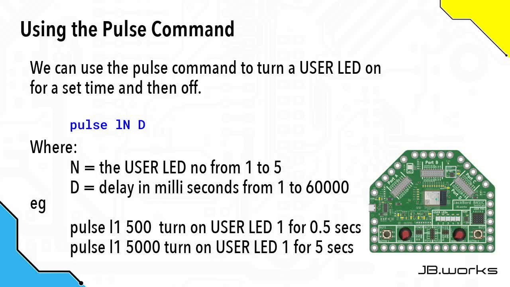So for example, pulse space L1 space 500 will turn user LED number 1 on for half a second. Pulse L1 space 5000 will turn on user LED number 1 for 5 seconds, and then turn it off. And remember that 1 second contains 1000 milliseconds.